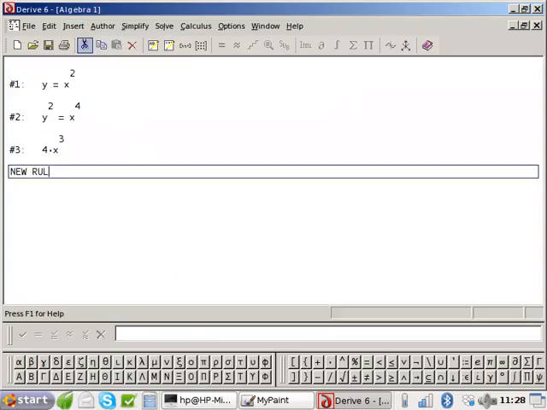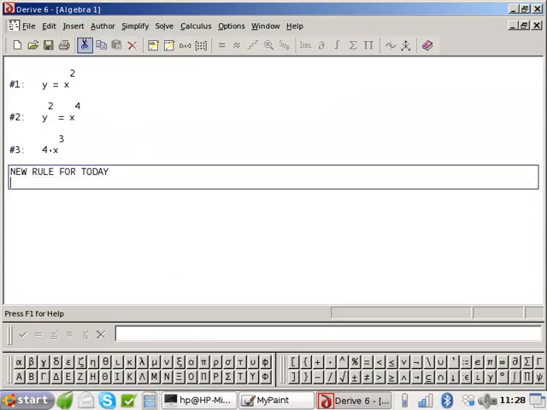So new rule for today. Yeah, so the new rule says if you want to differentiate y squared, you do it normally. So what's the derivative of y squared? 2y. But then the price you pay is you multiply by dy dx. So if y equals x squared, what is dy dx?